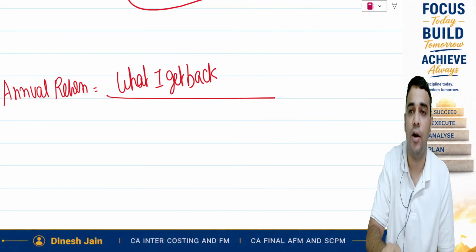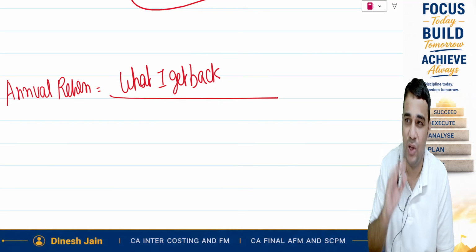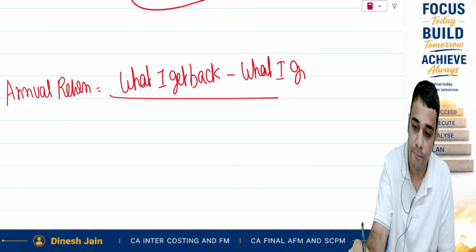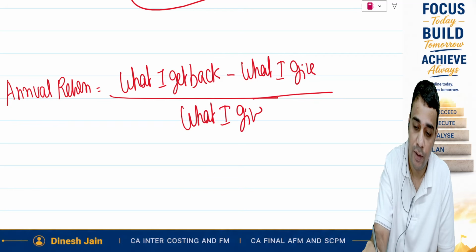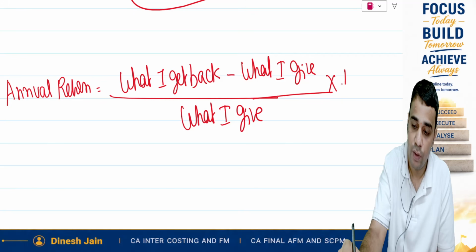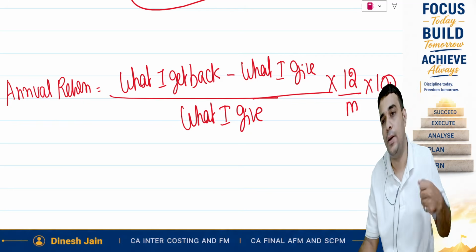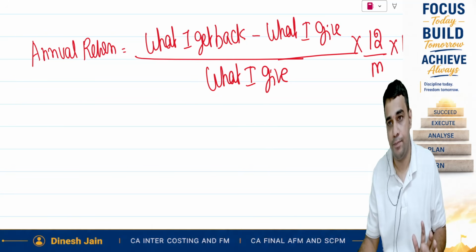In exam you are not writing, but in class we will write this 2, 3 times, and let's get used to it. What I get back minus what I give, divided by what I give, into 12 by m into 100.